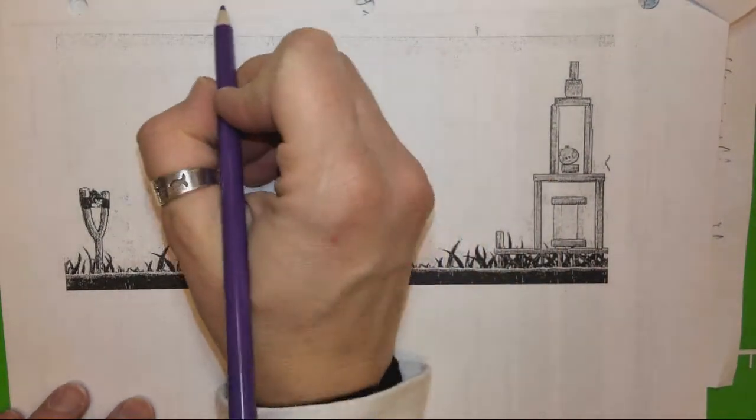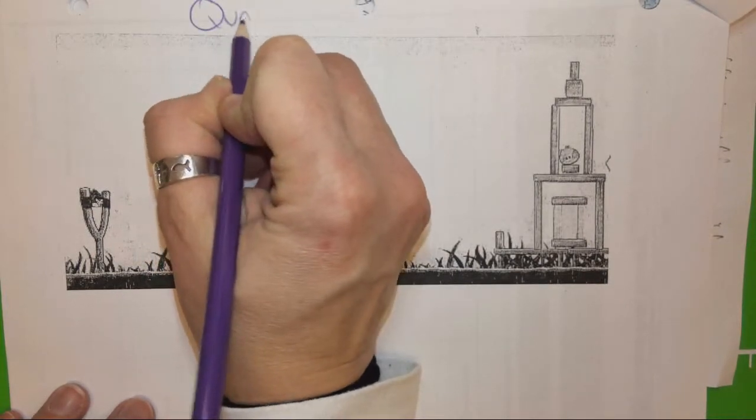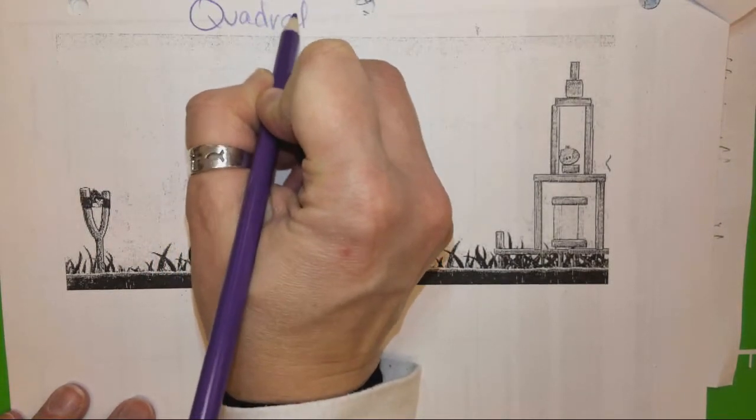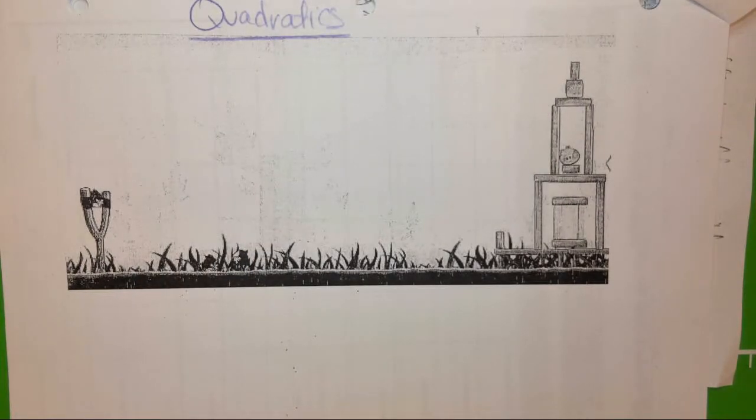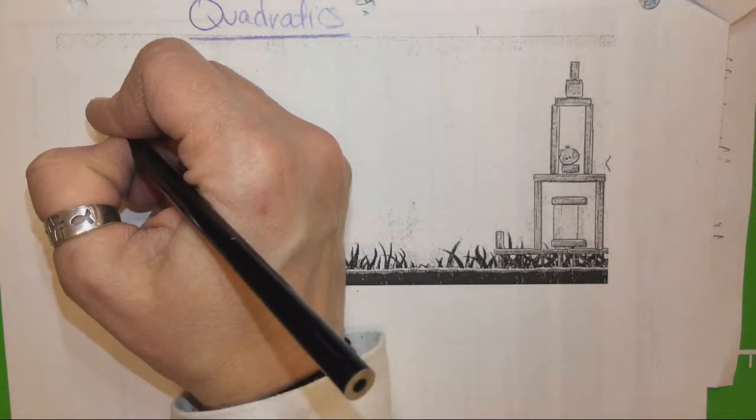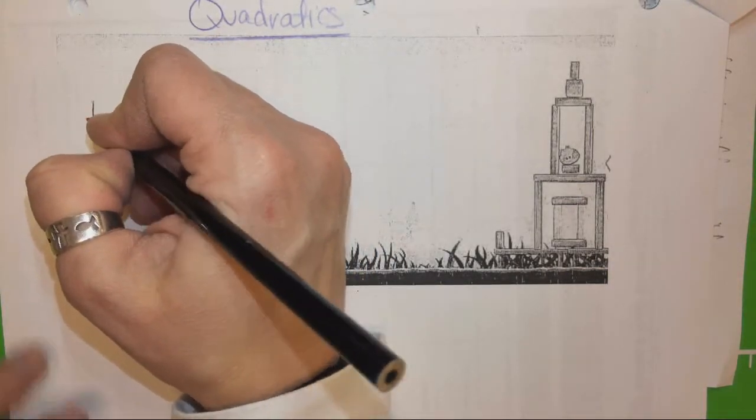Bird's picture here. We're going to label this quadratics. And we are going to draw our y-axis through our bird and through its little slingshot here.